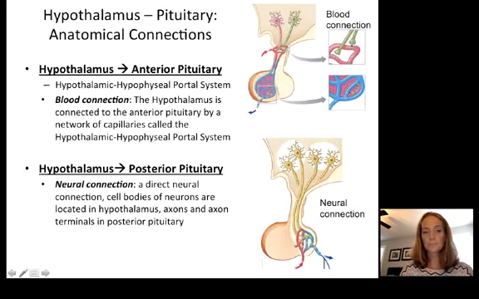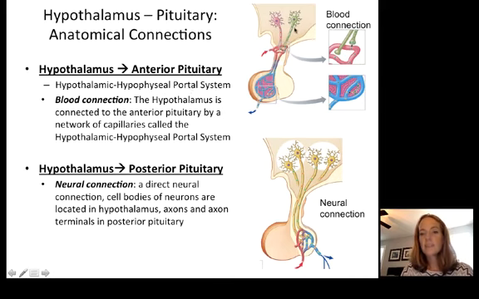So first, the hypothalamus to anterior pituitary. The hypothalamus is connected to the anterior pituitary through a blood connection. We call this blood connection the hypothalamic hypophyseal portal system.